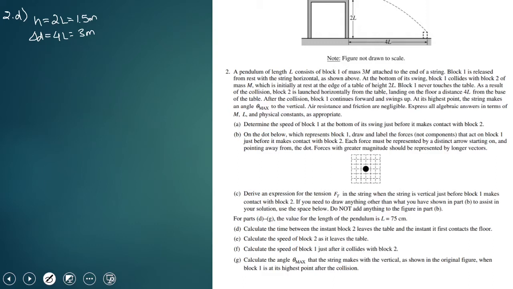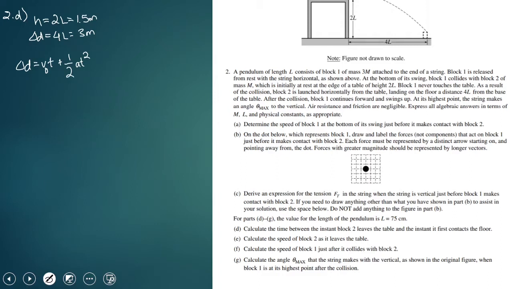And so what we know now is that we can use our kinematics equation to calculate the total time it takes for the object to travel the height of 2L. And so keep in mind, what is the kinematics equation that we can use? Well, delta D is equal to V0T plus 1/2 AT squared, right?